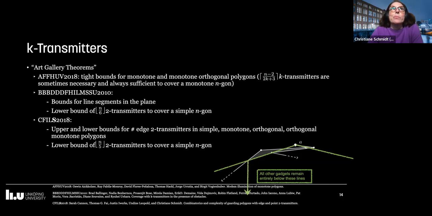So those are not completely stationary as point guards, but not as we see for the watchman route, where you really can be mobile and walk around. And so edge 2-transmitters can see anything that is visible from the complete edge, or from any point on the edge.